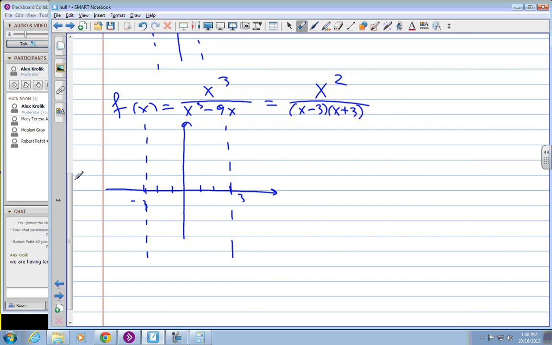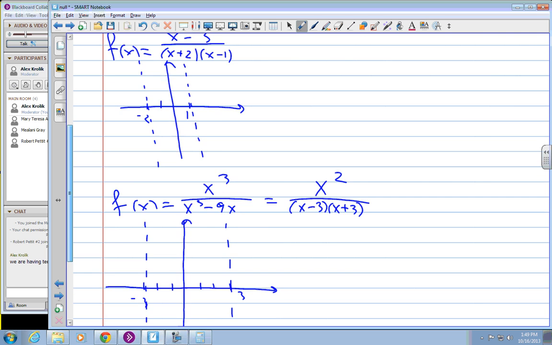Okay? All right. So any questions on how to find vertical asymptotes? So whatever turns the denominator into 0 after you reduce your function.